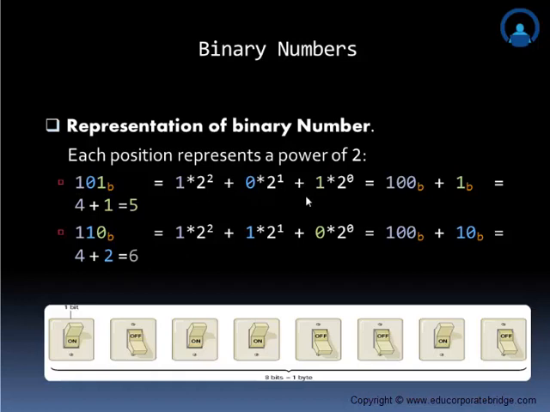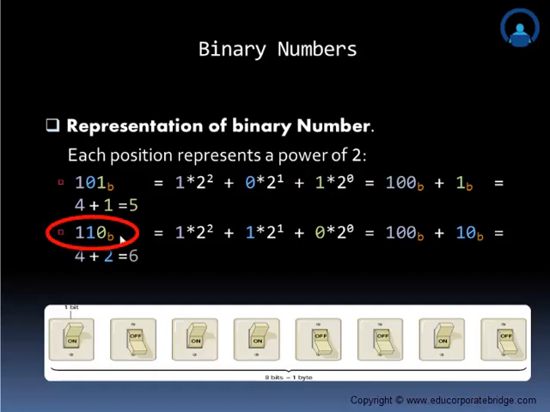The decimal equivalent of 101 is 4 plus 1, which is 5, which can be found from this calculation: 2 squared into 1, which gives 4, plus 0 into 2 raised to 1, which gives 0, plus 1 into 2 raised to 0, which gives 5.